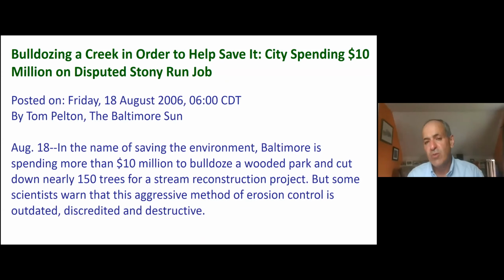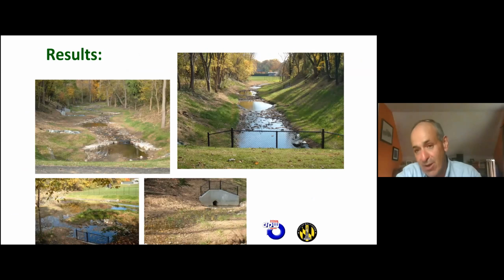Now, our work in Baltimore is long term, right? So this article is from 2006, and even if you go back a year later to Stony Run, it looked a lot better. You could see it stabilizes, it starts to redevelop. If you go to Stony Run now, it looks great. The riparian zone is actively revegetating. There's a lot of human interaction with that stream. There's a bunch of walking paths by the stream.